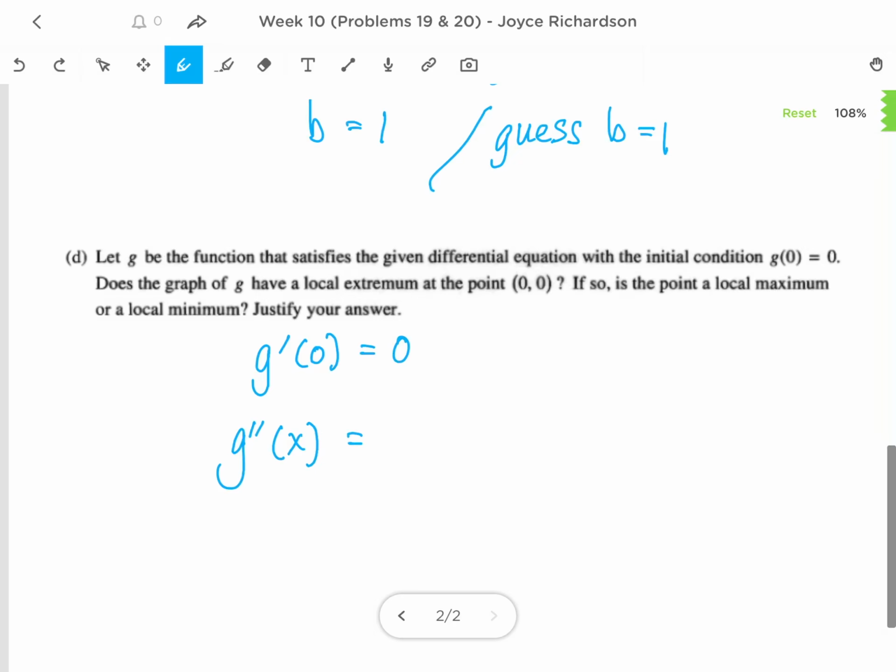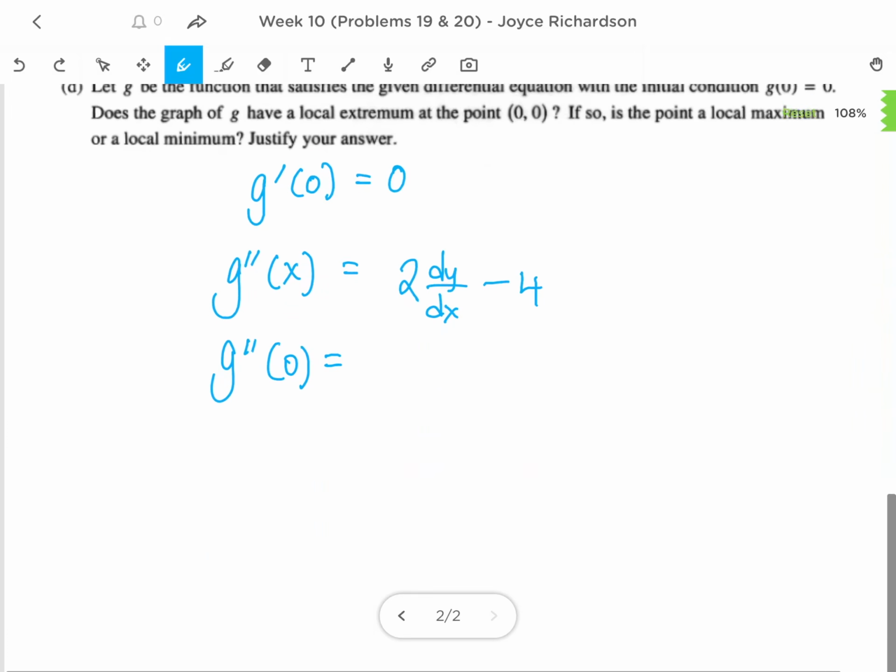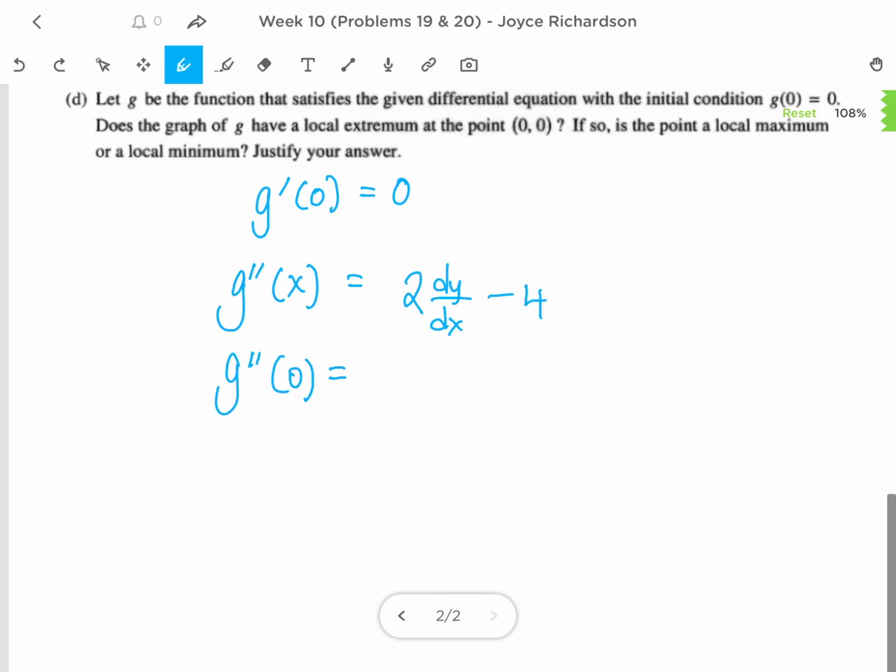So if I take the second derivative, that's going to be 2 times dy/dx minus 4, according to my first derivative. And if I evaluate g double prime of 0, right, then I'm going to get 2 times g prime of 0, because that's the derivative, minus 4. So I end up getting negative 4.